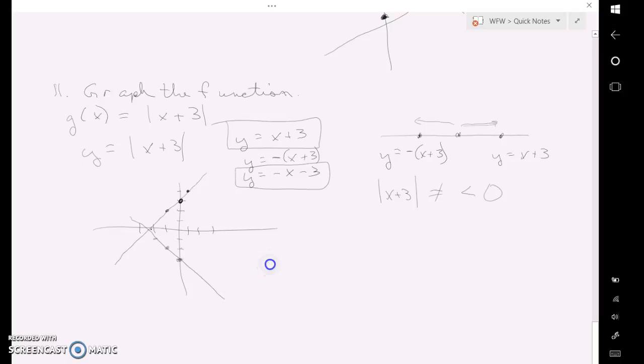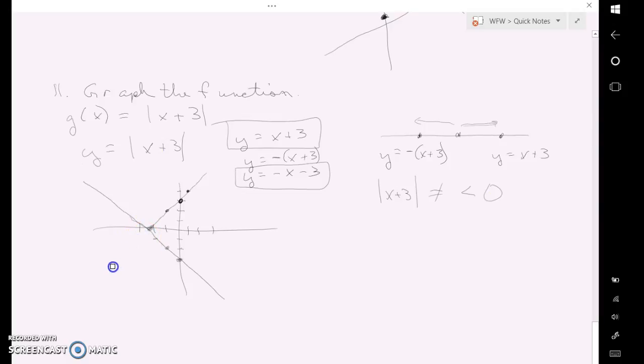Okay, but let me extend this, and I don't think it's crossing where it would if you had an accurate graph. All right, but let's pretend it's crossing up here somewhere. We said that the function y can never be less than 0 because x plus 3 is never less than 0.